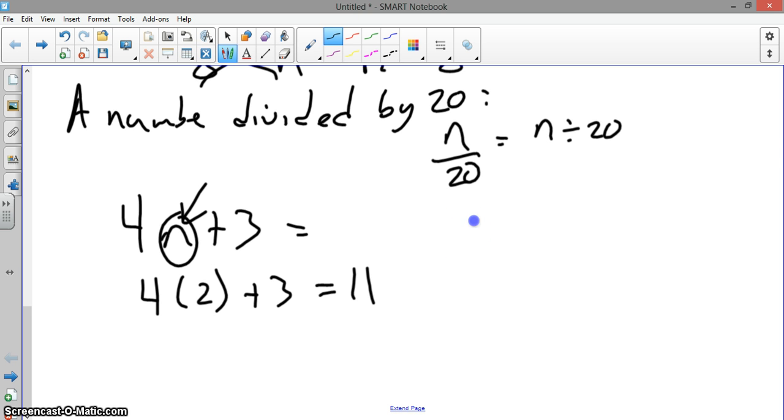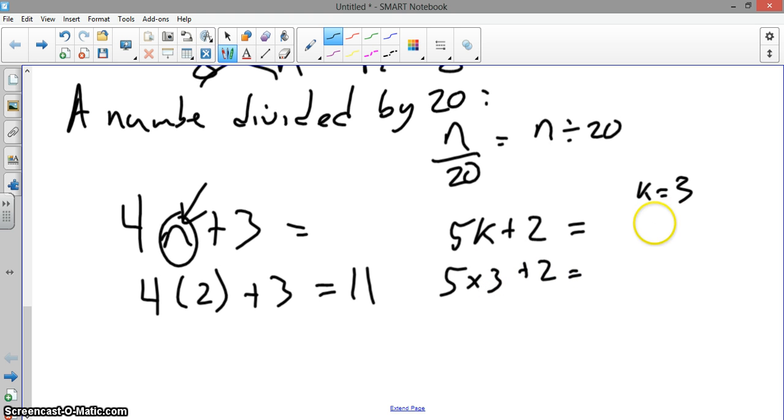Let's say we have 5k plus 2. And they're going to tell us that k equals 3. So let's put it in. 5, and I'm going to write it this way, times 3 plus 2 equals. Now we know that according to order of operations, the multiplication has to come before the adding. So what's 5 times 3? It's 15.